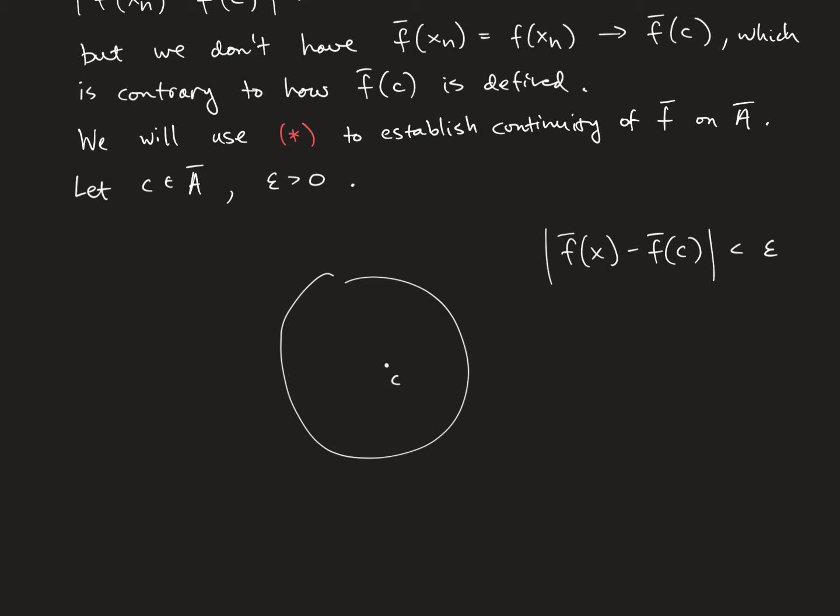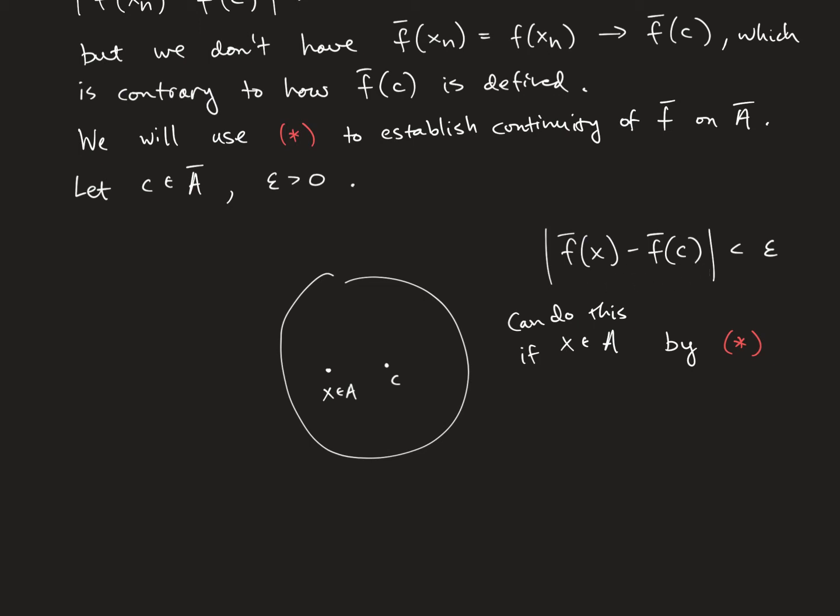So we know we can do this for X in A. So if X is in A, that's by star. Right, that's what we said. So if any X in here is in A, we can find a delta such that any X in here that's in A, the images are sufficiently close.